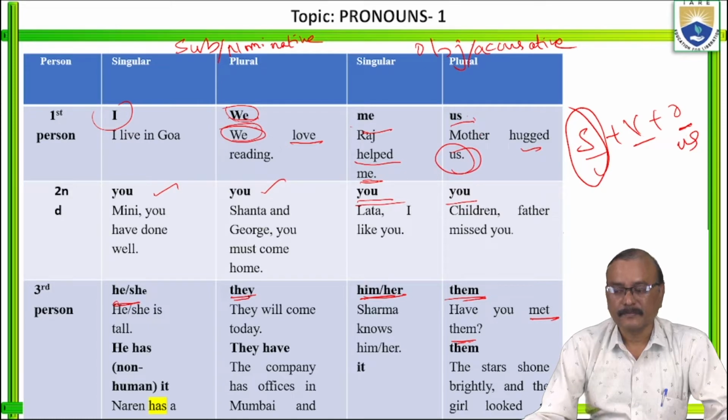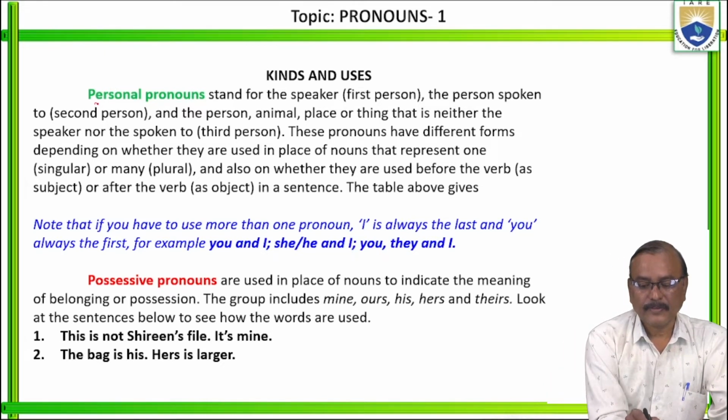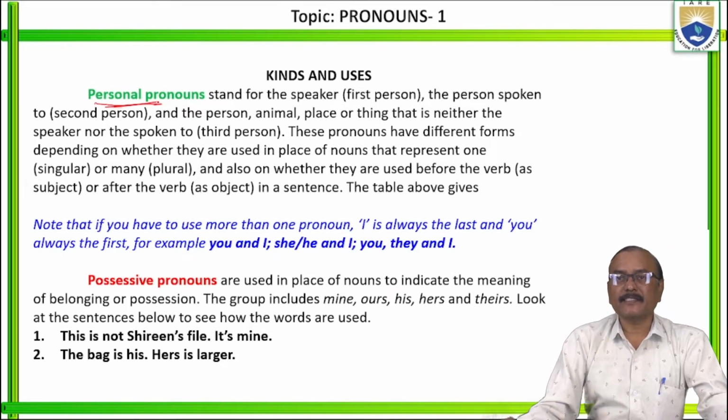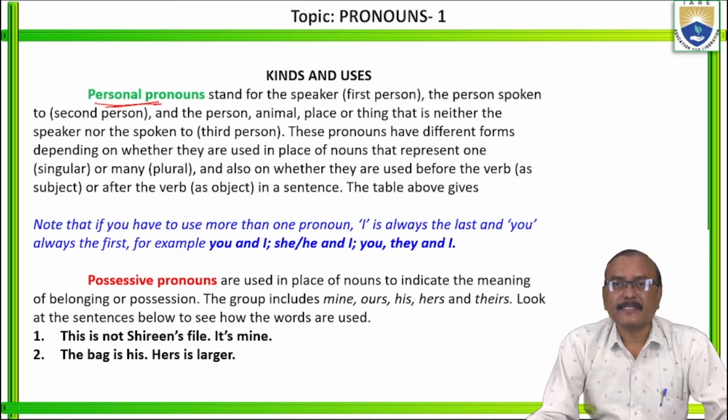Now let us read the pronouns in detail. Personal first: kinds of pronouns and their uses. Now let us see the personal pronouns.